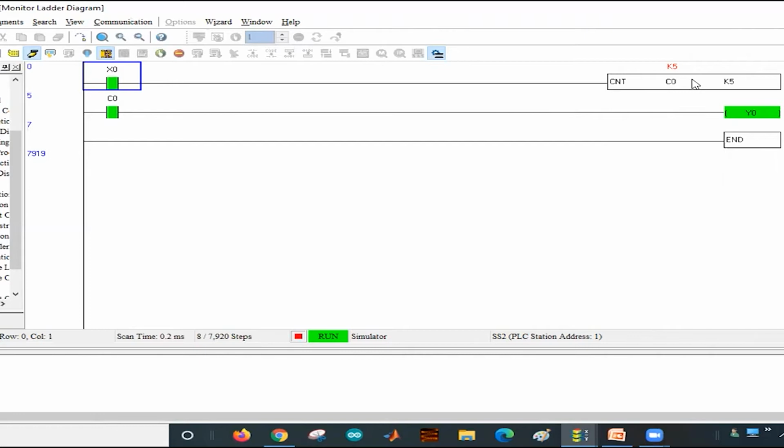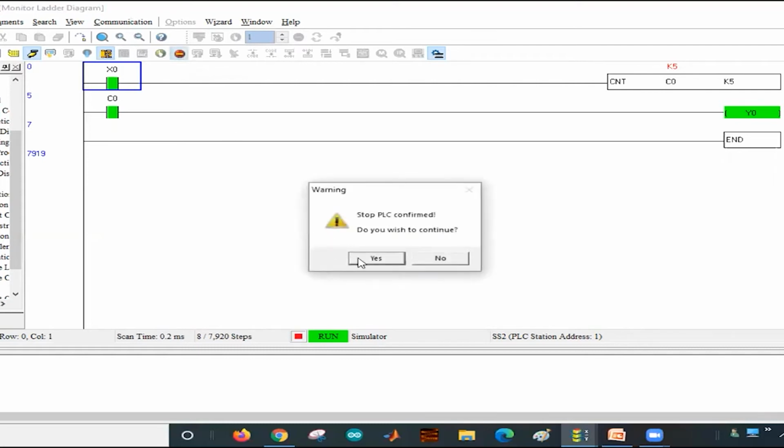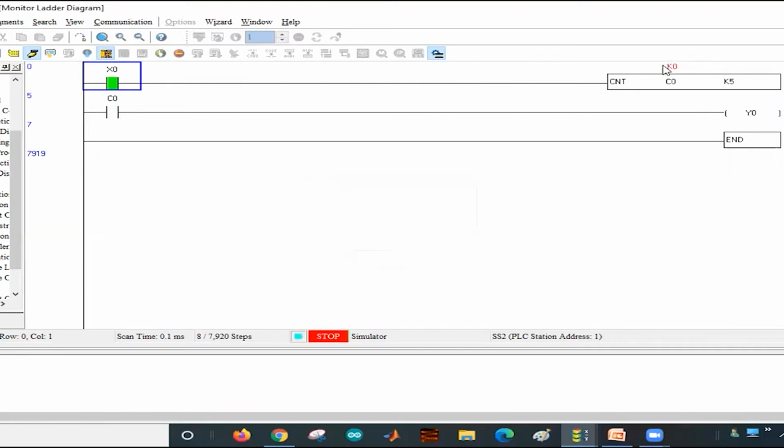If you use a latched counter, even though the power supply to the PLC is gone, the previous value will be retained by the latched counter. That is the only difference. Suppose you see here, the PLC is now in running mode. Suppose you stop the PLC, what happens? When you stop it, see here, this counter C0, which is an unlatched counter, comes back to 0.